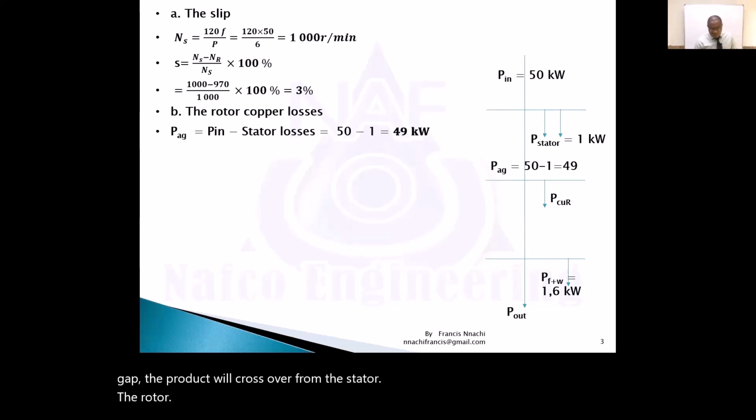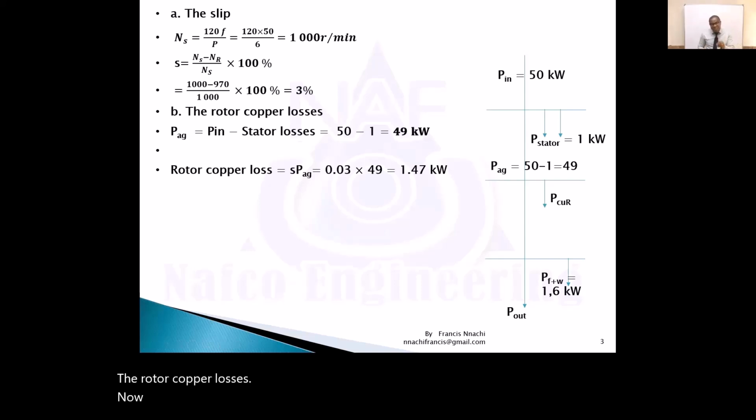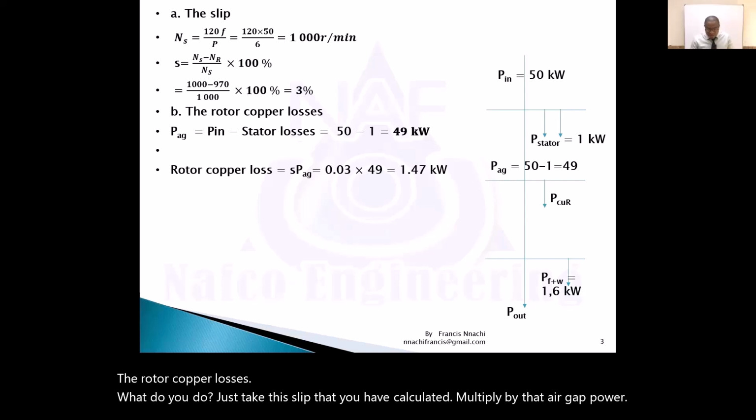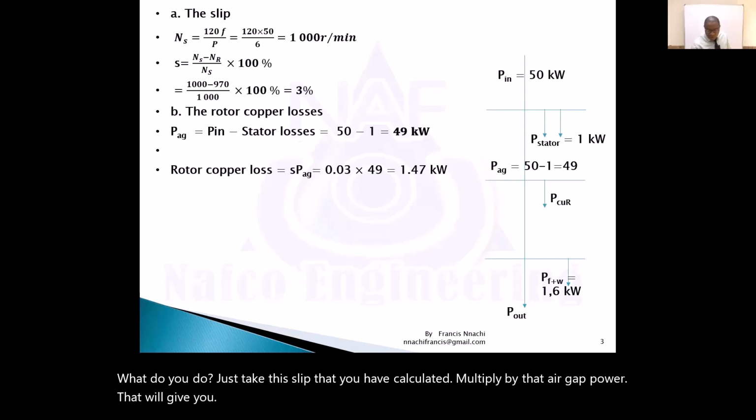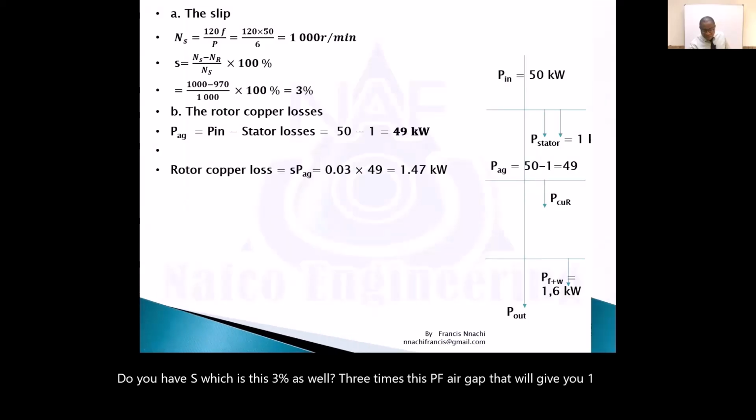When it crosses over to the rotor, you can easily calculate the rotor copper loss. Just take the slip that you have calculated and multiply by the air gap power. So S, which is 3% or 0.03, times P air gap gives you 1.47.